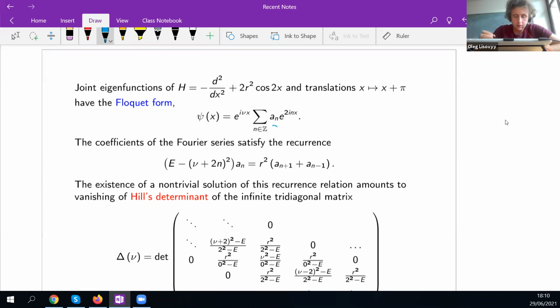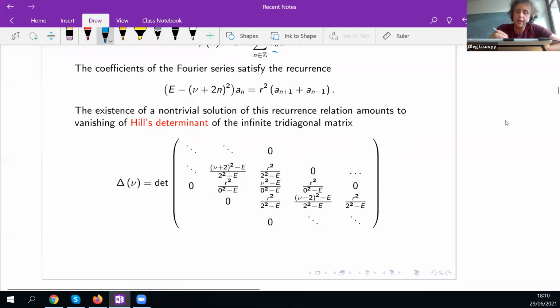This recurrence relation has, of course, a non-trivial solution only if the infinite matrix representing the corresponding linear system has vanishing determinant. This is the so-called Hill determinant. The denominators that you have here are introduced just in order to make the determinant well defined.